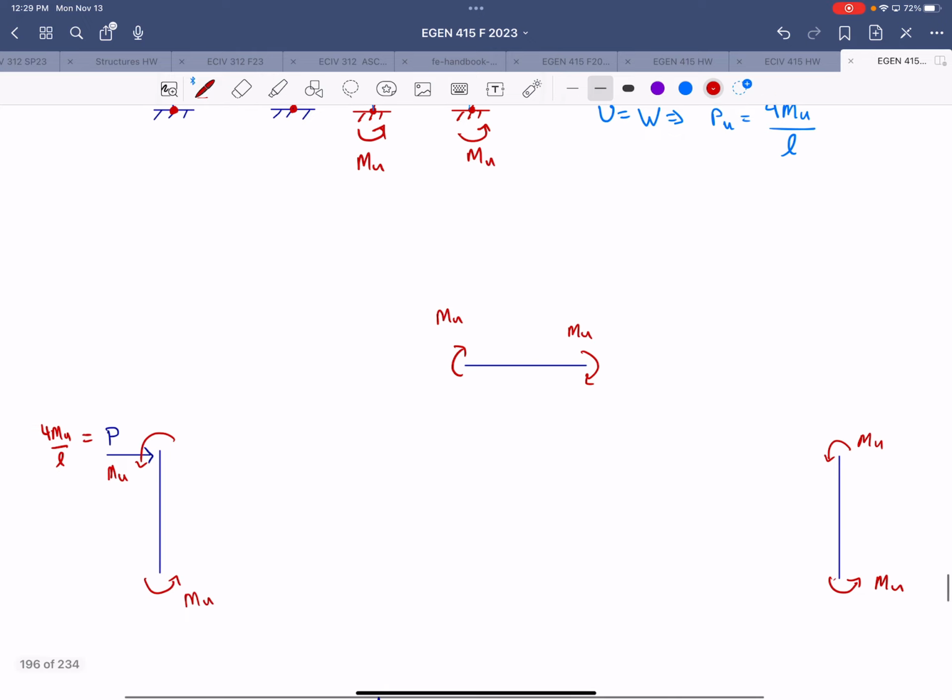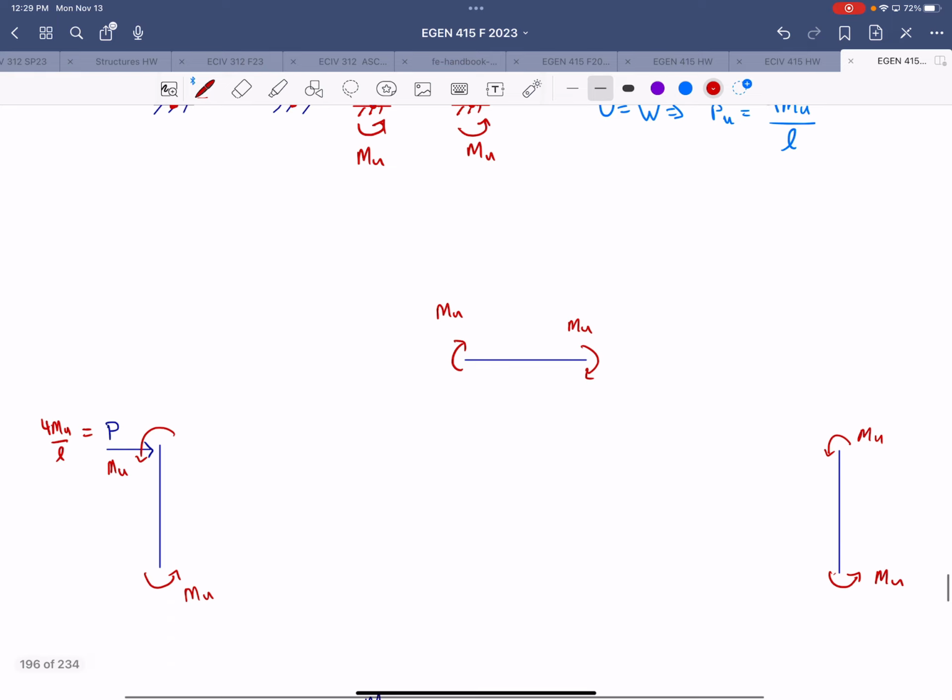And then going through this, this would result in horizontal reactions at the base of 2 mu over L each. And so you would have a net shear at the top of the left column of 2 mu over L acting to the left. Over here it would be 2 mu over L acting to the right.